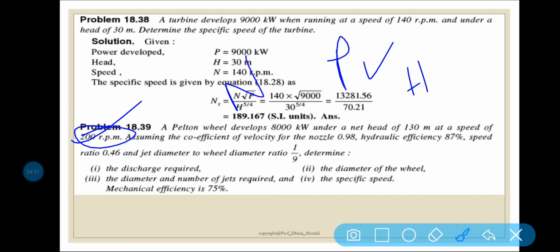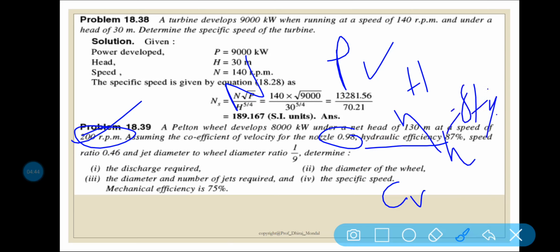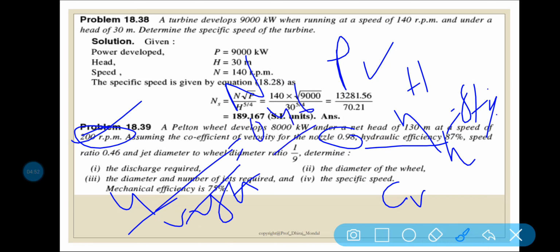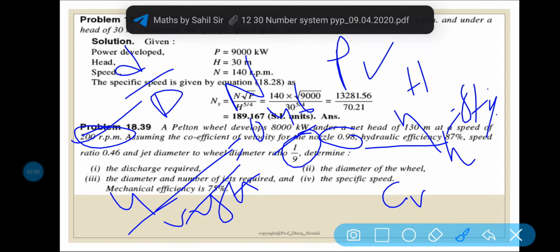Assuming the coefficient of velocity for the nozzle Cv is 0.98, the hydraulic efficiency is 87%, the speed ratio u by root over 2gH is 0.46, and the jet diameter to wheel diameter ratio, small d by capital D, is 1 by 9.